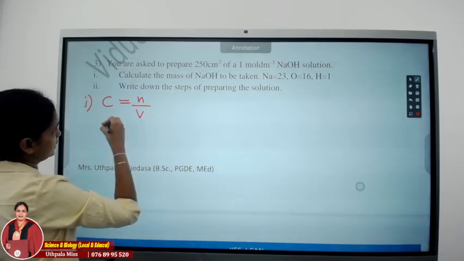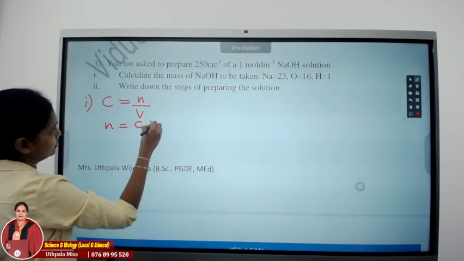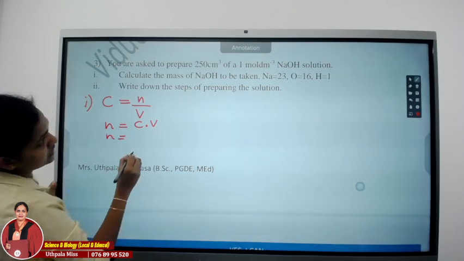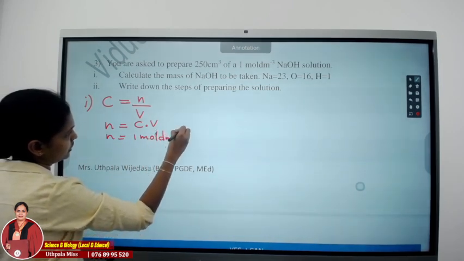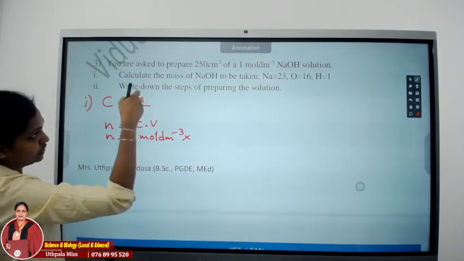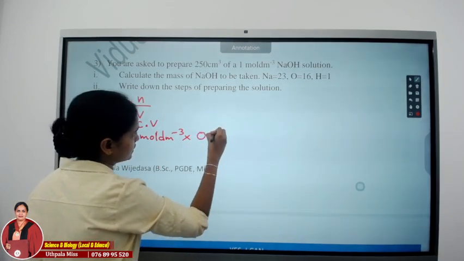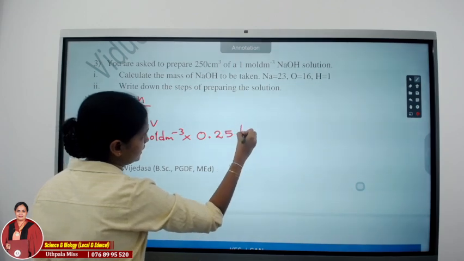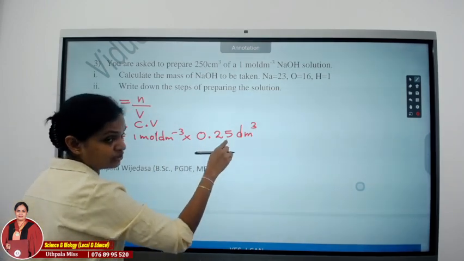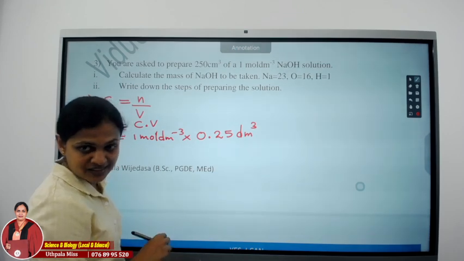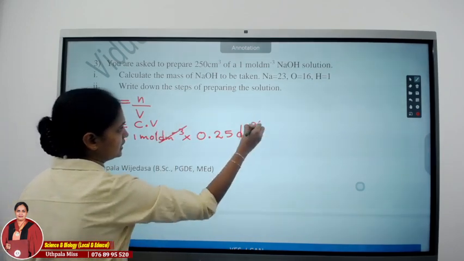So the concentration equals number of moles over volume, so you need to find the number of moles. Concentration into volume. The concentration is given as 1 mole per cubic decimeter, into the volume of 250 cubic centimeters. That means 0.25 cubic decimeters. If you don't write the units, sometimes you might write 250 here, so it is good to include units, per cubic decimeter.